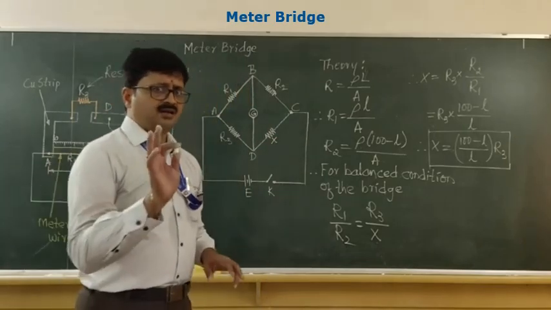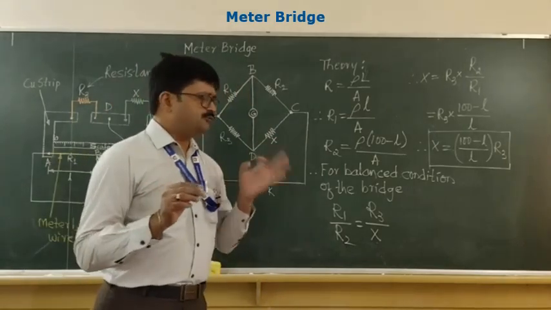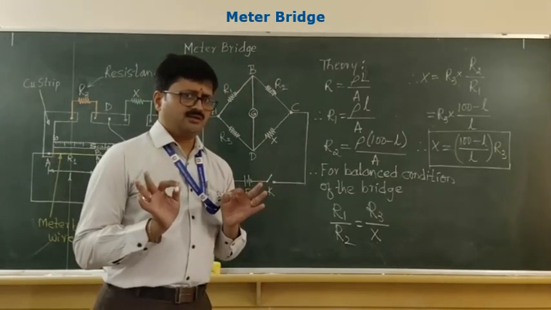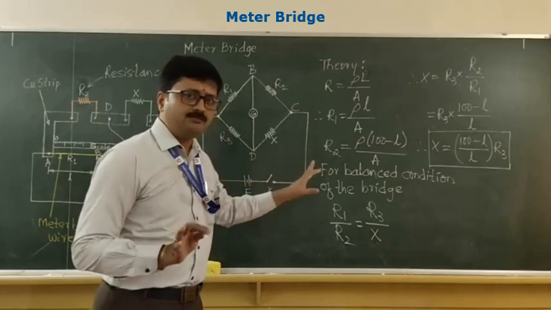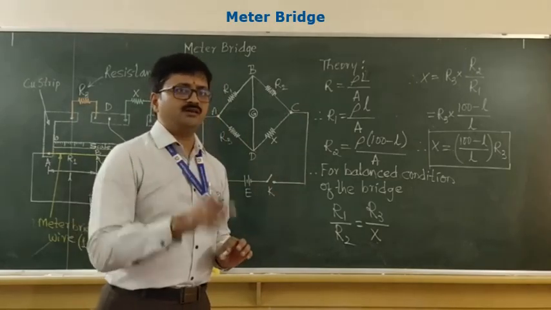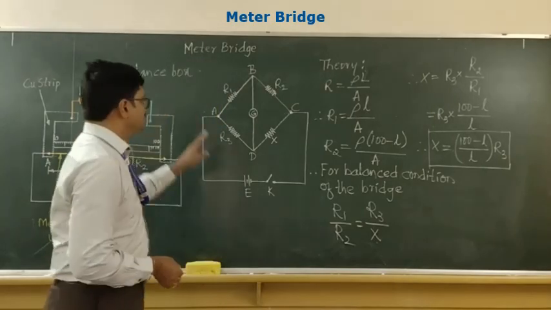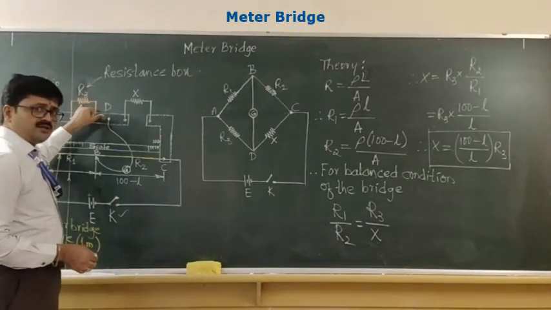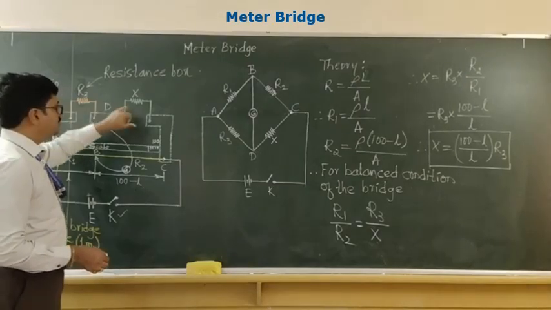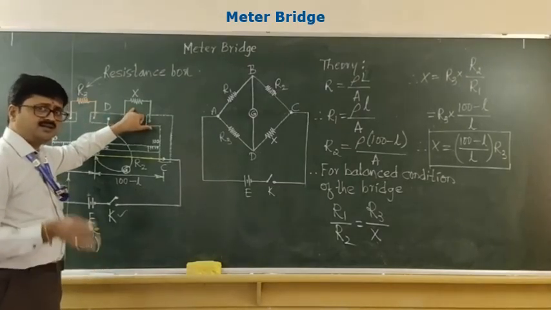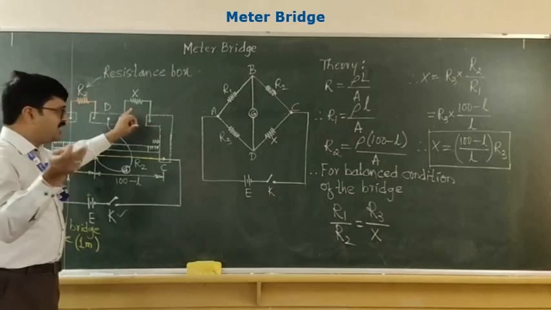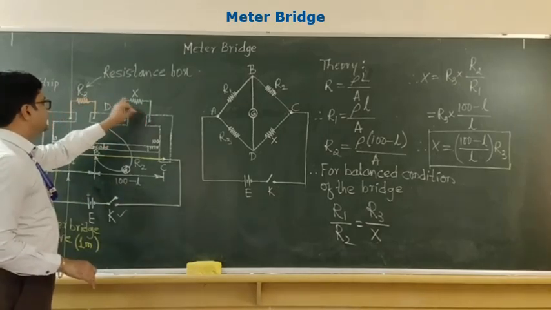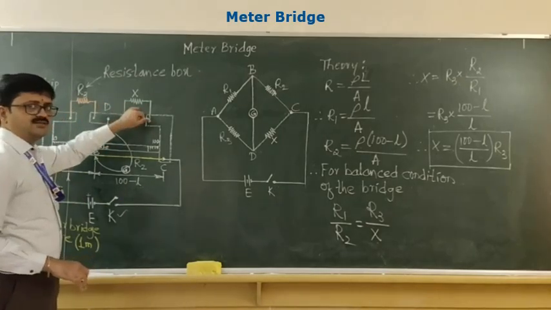For your information, in the laboratory we will be performing this meter bridge experiment, but over there we will also be doing one more thing. Initially we will be introducing R3, that is the known resistance, on the left hand side, and the unknown resistance on the right hand side, and we take the readings. Next, we interchange the known and unknown resistances.